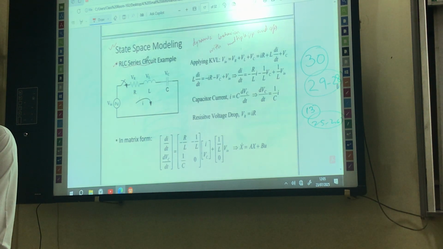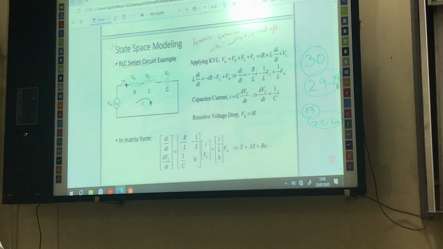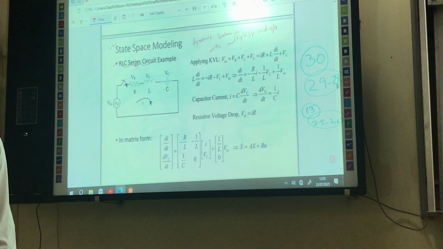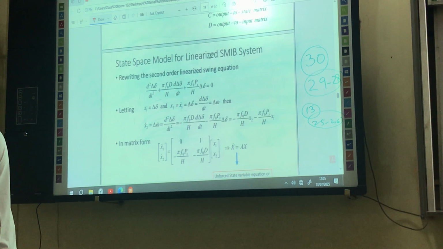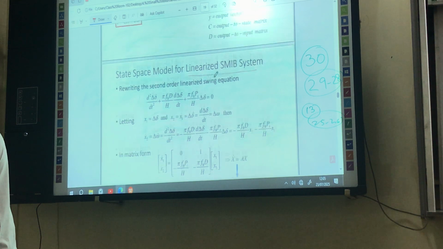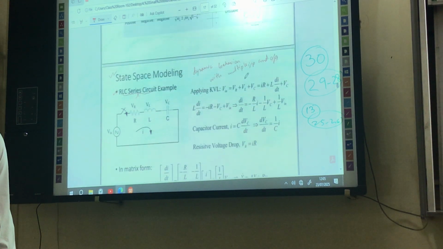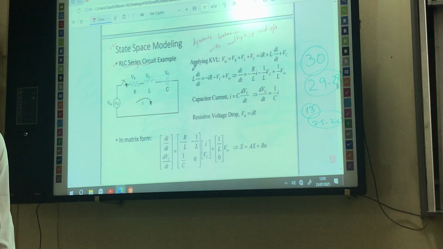But we will see the state space modeling of this circuit so that we can understand the thing very easily. Then we will apply the state space model for our linearized single machine infinite bus system, because this is our system of interest, right? So before that, we need to understand the concept of state space model.